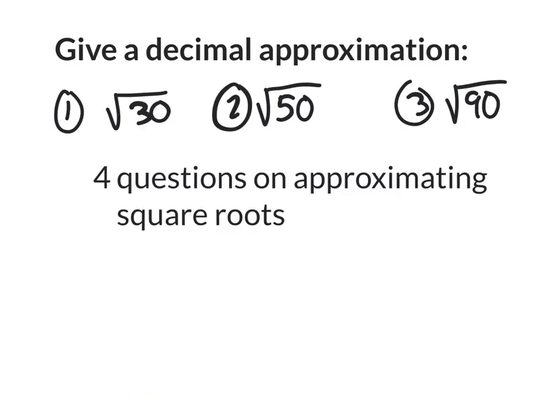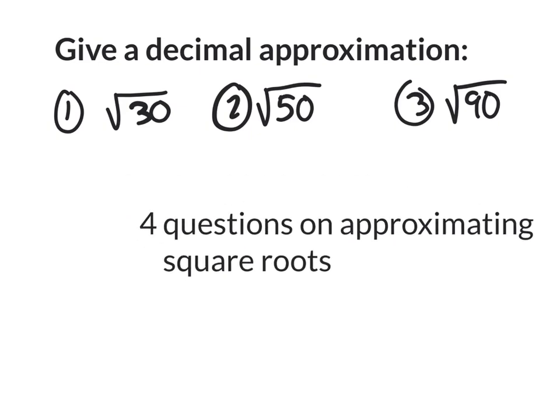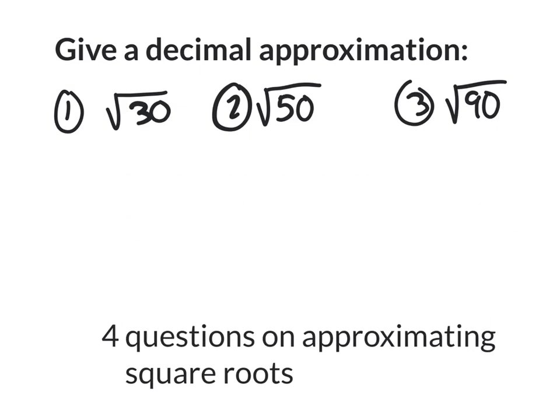Let's move on. There's going to be 4 questions on approximating square roots. As a matter of fact, it's a total of 5 because one question itself is to list your perfect square numbers from 1 all the way to 144. That's an actual question, and you need that list in order to answer these decimal approximations.